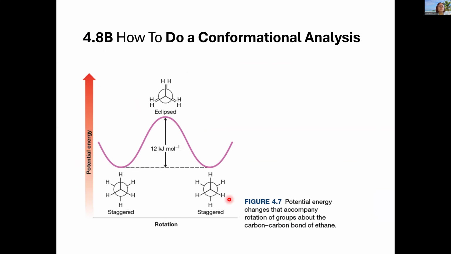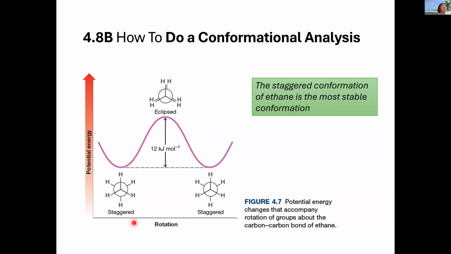In the conformational analysis of the potential energy with respect to the rotation around the carbon-carbon bond, from the staggered we rotate 60 degrees and you will have an eclipsed. There is a certain barrier that your molecule has to overcome to proceed to the eclipsed state. This is 12 kilojoules per mole, and if you rotate again by 60, it will return to your staggered conformation.